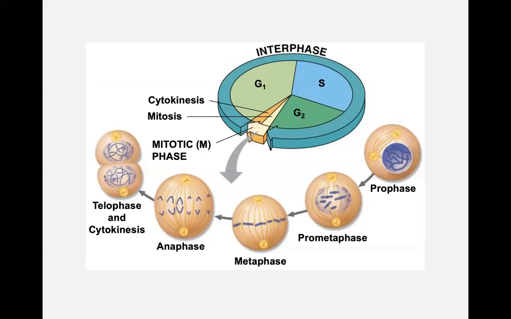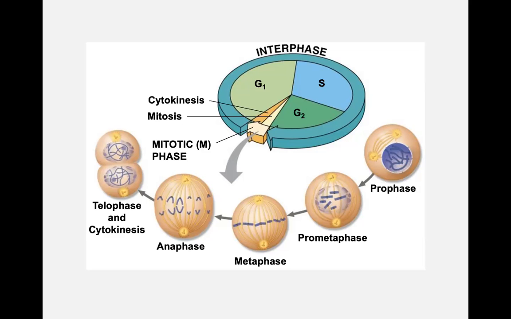These are the 5 stages of mitosis that you want to know. So we're starting here. It's weird going from right to left, but I think that's because this cell cycle diagram is going in that direction. So we're starting with prophase. I'll talk about exactly what's happening in each of these phases, but this just gives you a good overview. You want to know the order of these different stages of mitosis and then what's happening in each one.